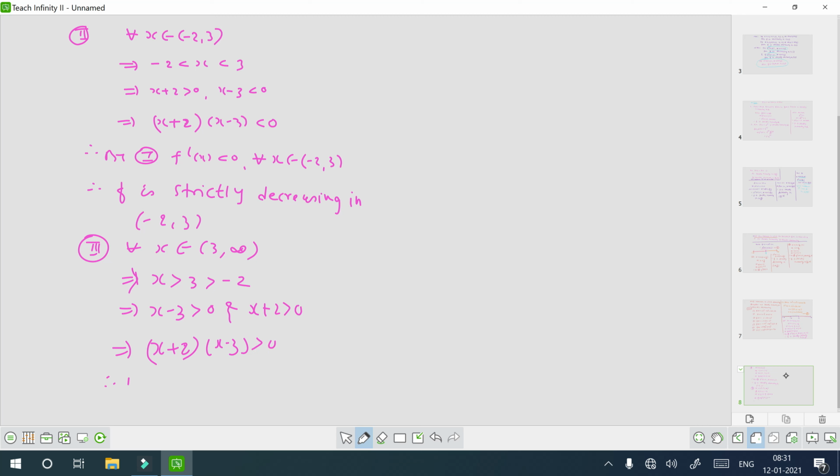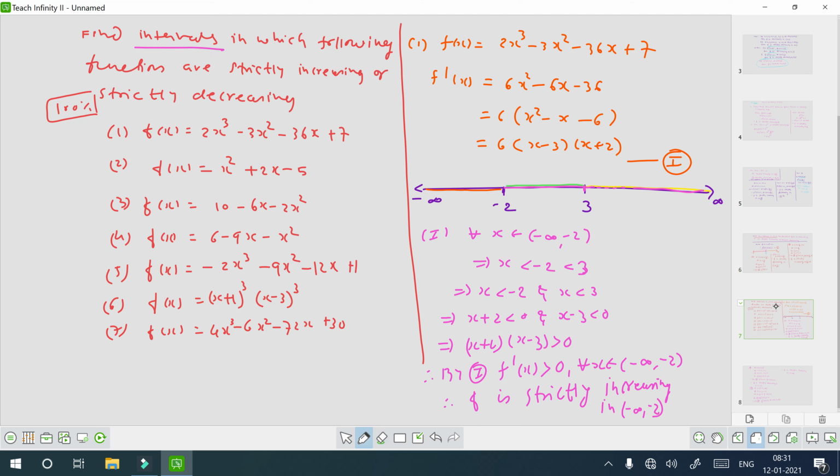And therefore by 1, f dash x is greater than 0 for all x belongs to 3 to infinity. And therefore f is strictly increasing in 3 to infinity.